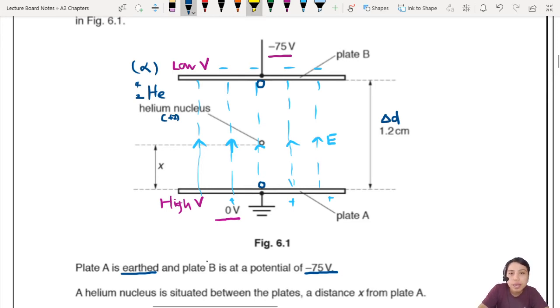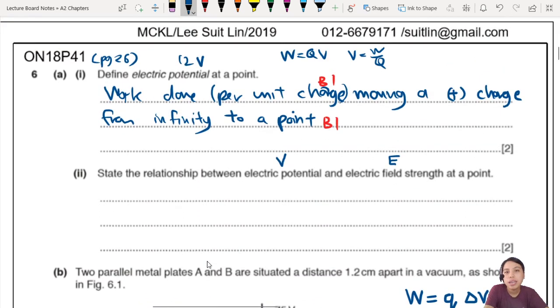If it's positive, it experiences a force in the direction of the electric field. Because of this force, it's going to go up and reach there. But here we're talking about energy. If you want to think about energy changes, first remember work done equals the charge of the particle times the change in potential it goes across.